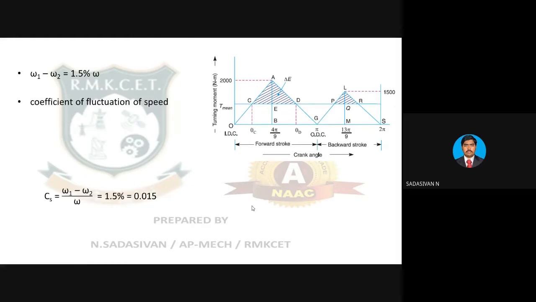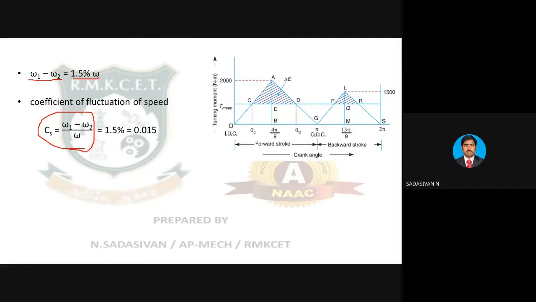This is the general formula for coefficient of fluctuation of speed: omega 1 minus omega 2 by omega. So I have written that 1.5 percentage of omega is the variation. So this is 1.5 percentage of omega divided by omega.